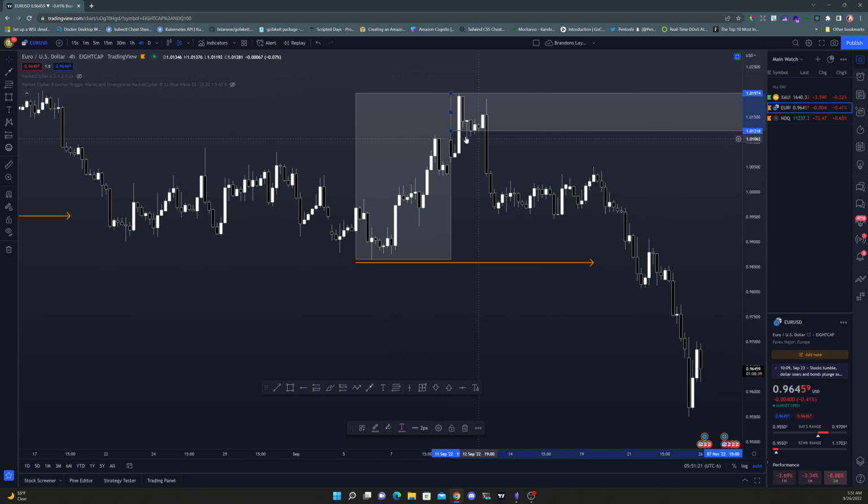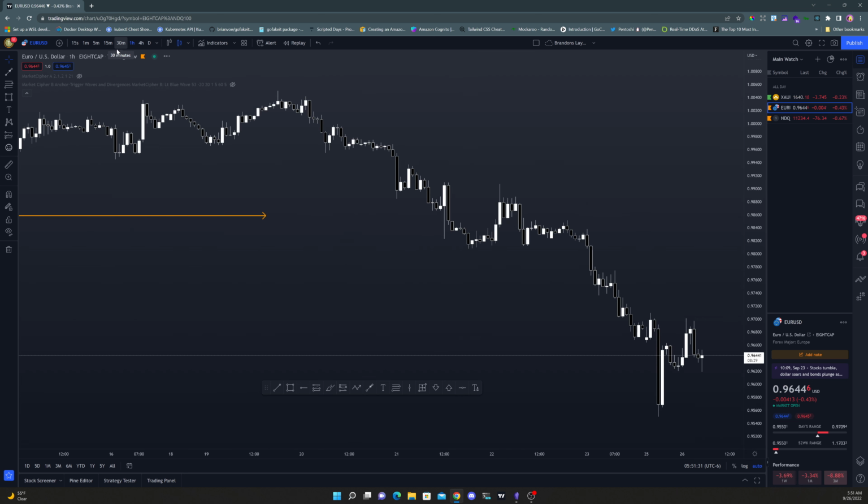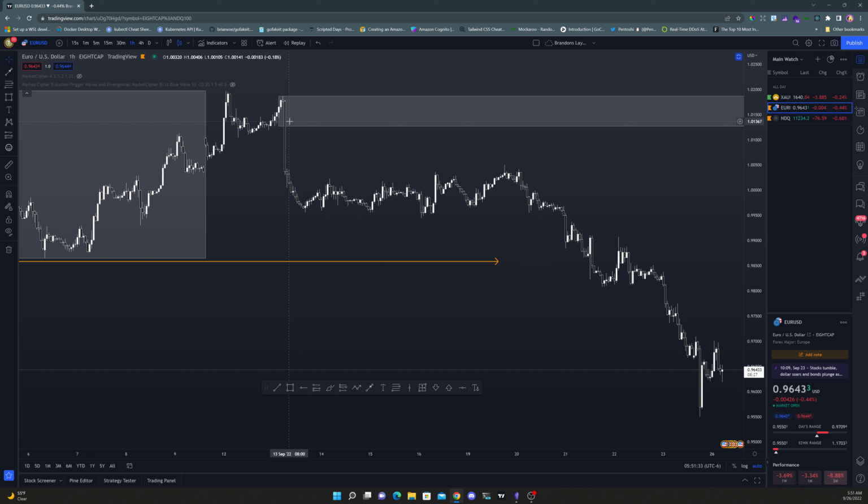You see this entire candlestick. Then we go down to the 1 hour, and it just gets smaller and smaller.